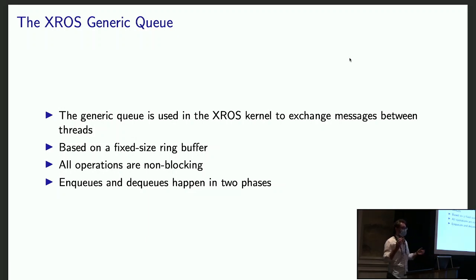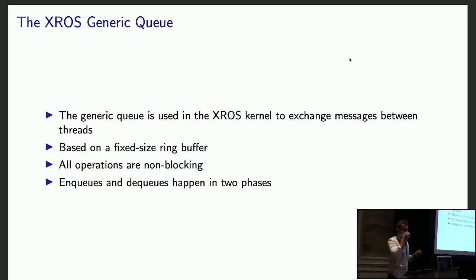All the operations are non-blocking, so we never acquire any locks. And the NQ and DQ happen in 2 phases, which means that instead of just getting elements in and out of the queue in one shot, you first request a slot, and then you read or write the data on your own, and then you give the slot back.